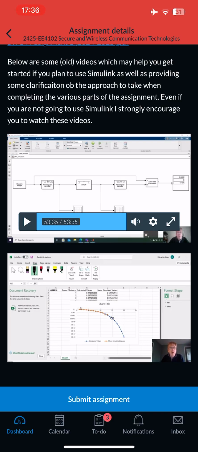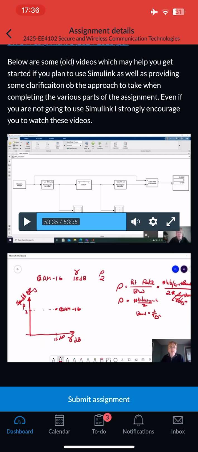A point I didn't make: if you don't have values down at 10 to the minus 6 or 7, maybe consider running the simulation longer, try an interpolation beyond the points, or just pick 10 to the minus 6 as your threshold in all cases. But use the same threshold in all cases to give you a power efficiency value.